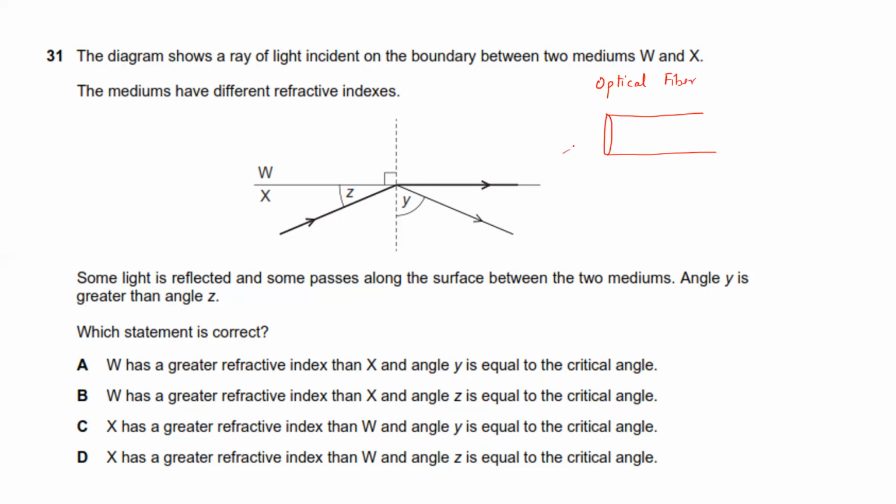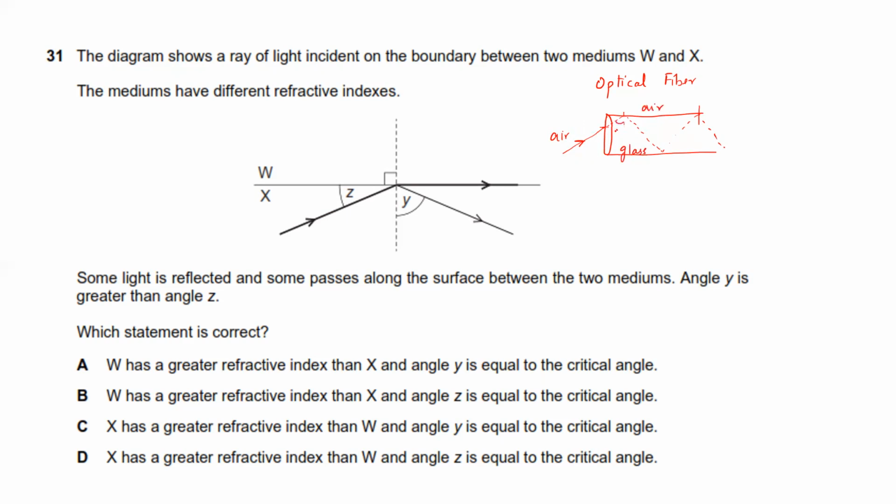The light ray enters from the air into the fiber, strikes the boundary, and is totally internally reflected. So the light is moving between two different mediums, glass and air.